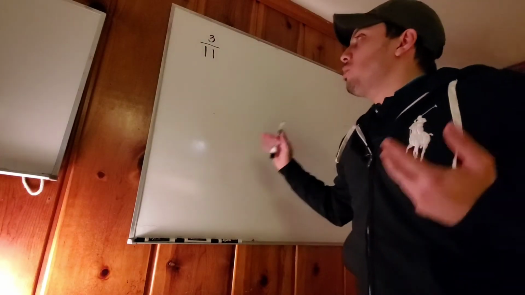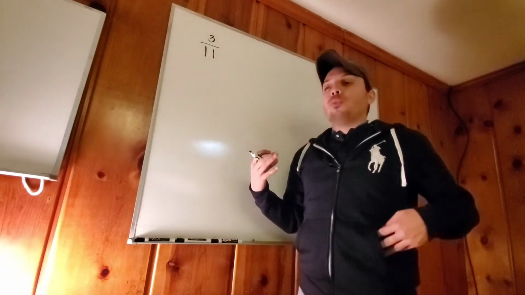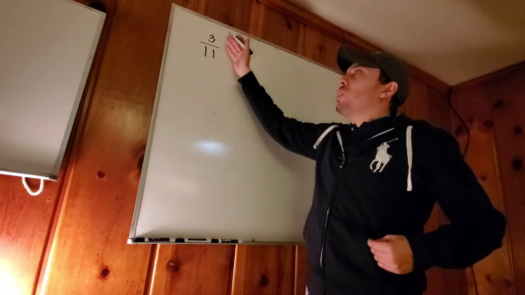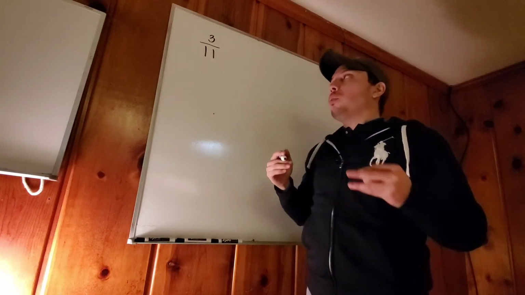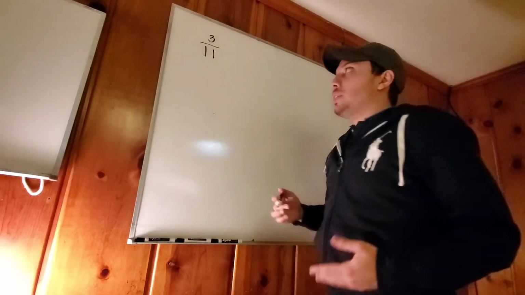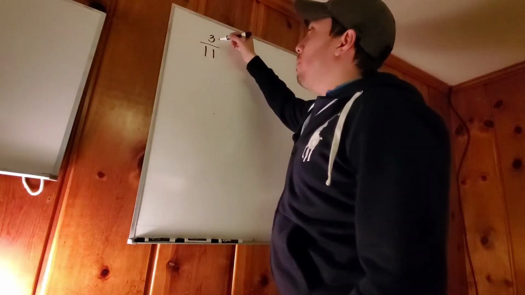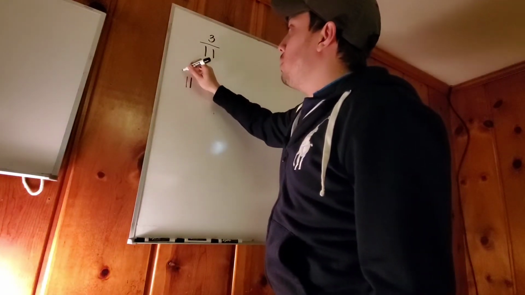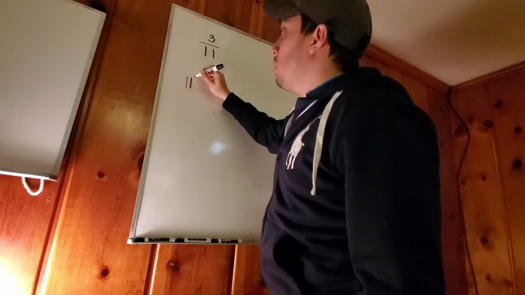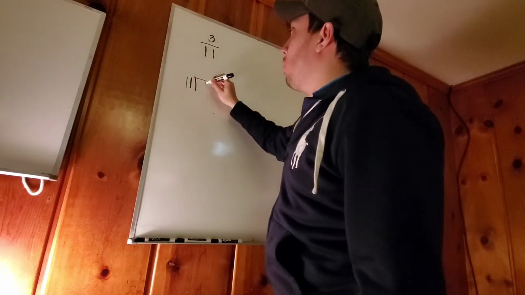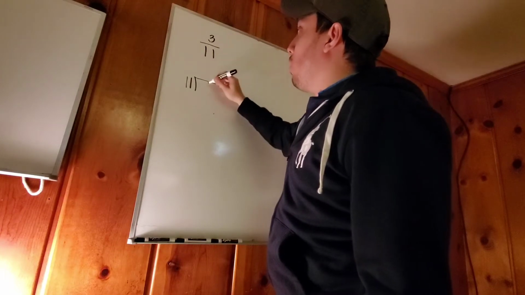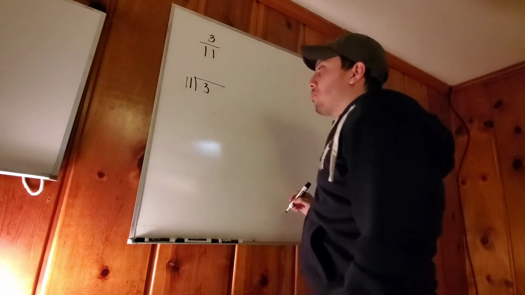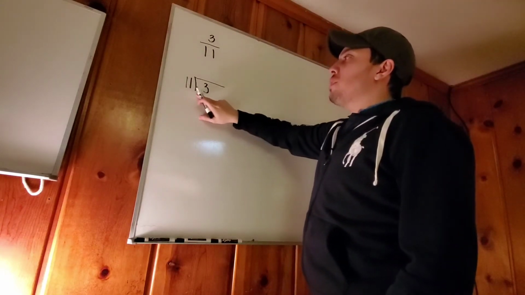All right, so let's actually start this whole process with, what is 3/11 as a decimal? Well, we need to find what 3/11 is as a decimal. So to be able to find it, we have to divide 3 by 11. So we have 11 and 3 divided by 11, right? And so how many times does 11 fit into 3?